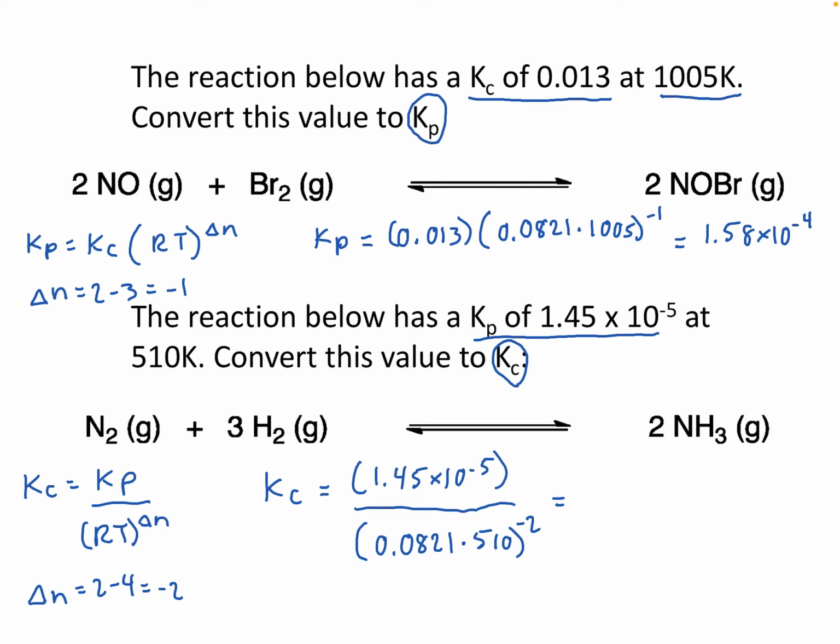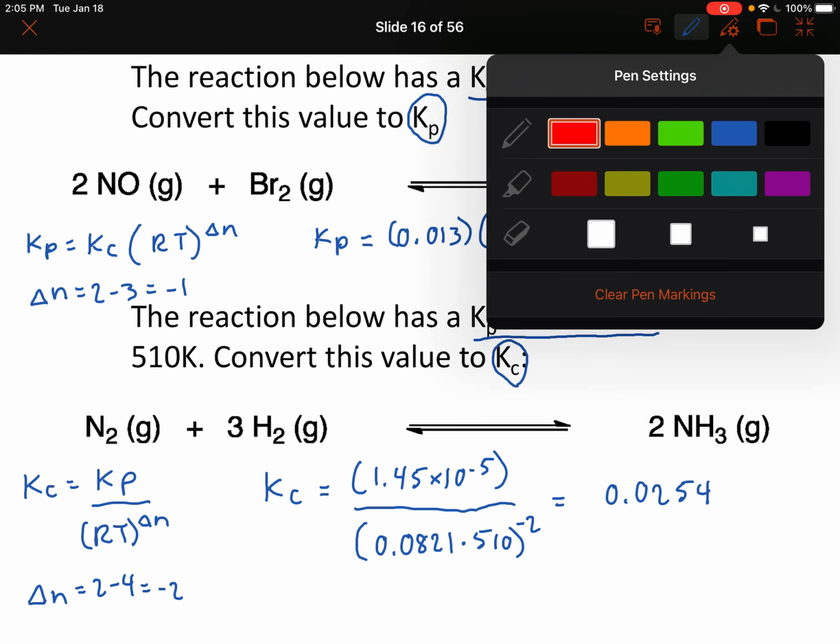So let's see what we get here. Okay, I got 0.0254.